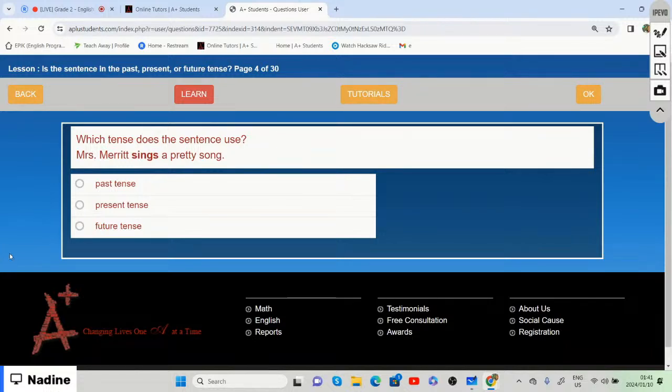All right, so Mrs. Merritt sings a pretty song. So sings, is this in the present tense, in the past tense, or future tense? If we look at the word sings, Mrs. Merritt sings a pretty song.